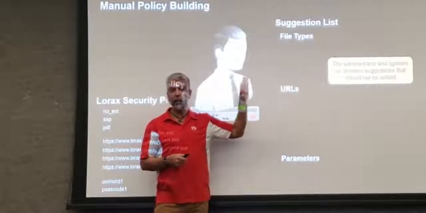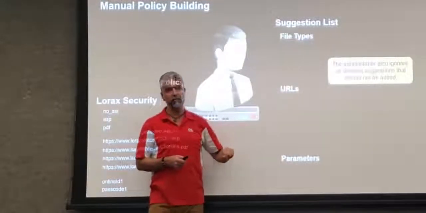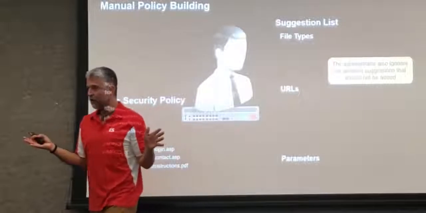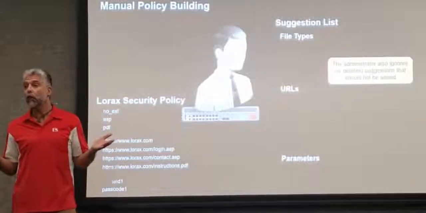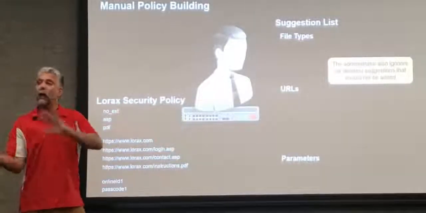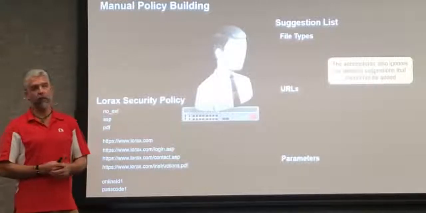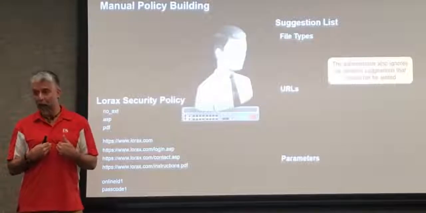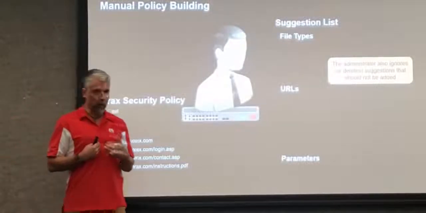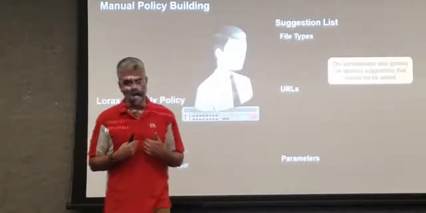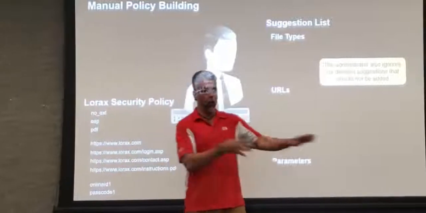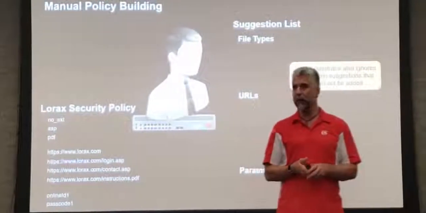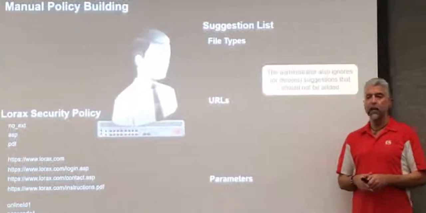But it'll start back at the beginning of the learning score, back wherever it started initially. If I choose to delete those, they're gone for good. I will never see them in my suggestion list again, which is what I want to do when I'm confident that I do not want to add ini as a valid file type. Ignore it. I don't want to add php.ini as a valid URL.